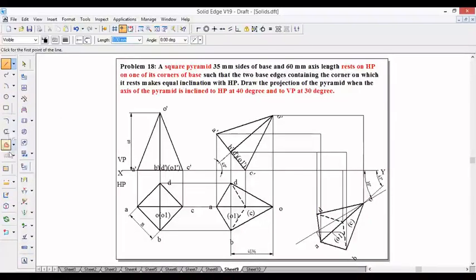Since the base is nearer to the observer, the base is going to be visible. This is A, B, C and back to B, and the outermost edges of the pyramid are going to be visible.